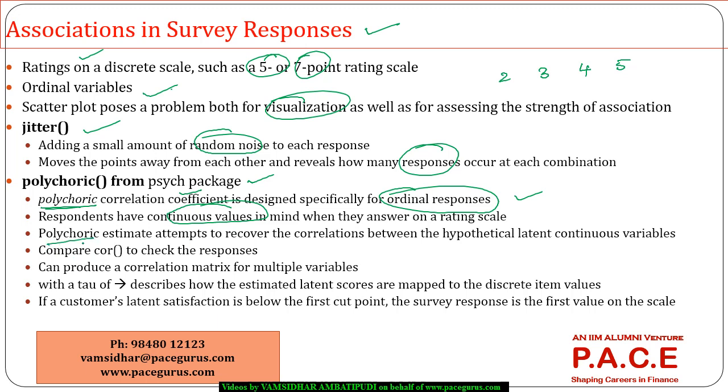So this is what polychoric is trying to do. It creates some kind of hypothetical continuous variable based on the ratings that the individuals have given, and based on that it computes the correlation between the variables.